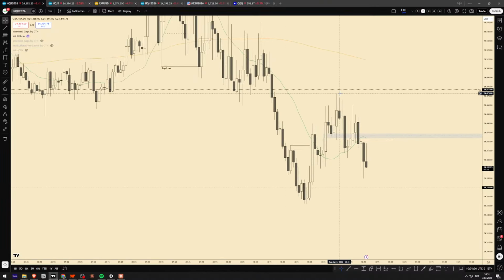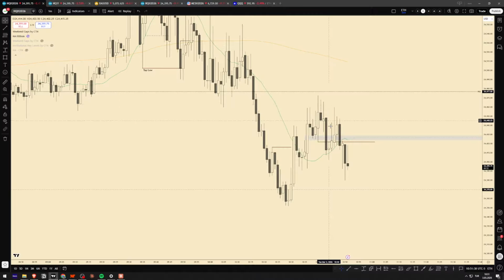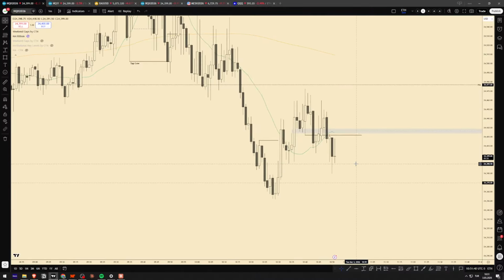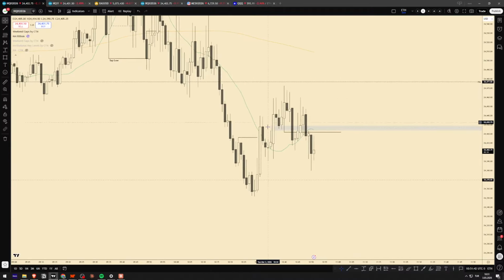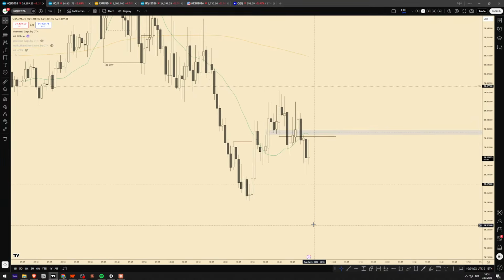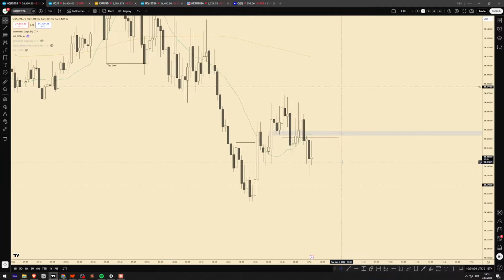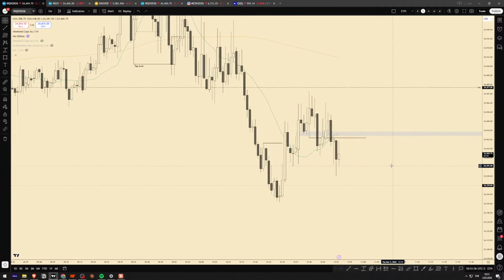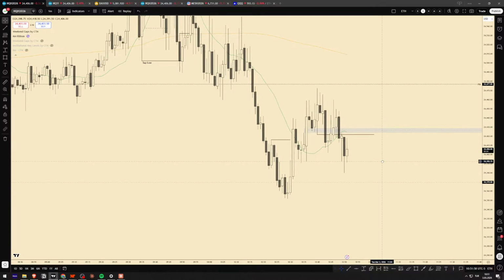Now it made a triple top, and then it seems like it might be turning back lower. But I don't really like this kind of price action, 1, 2, 3, and then a failed swing and then going lower. But I can't be sure if it's gonna keep going lower. And the long perspective doesn't look very clean either right now.